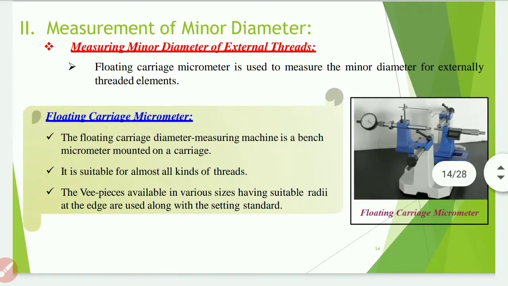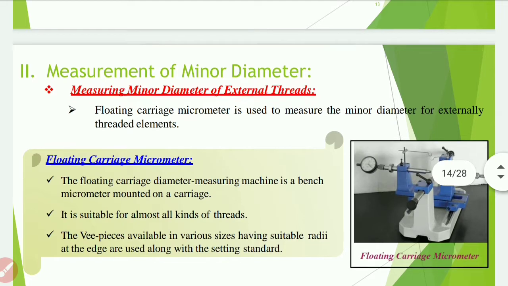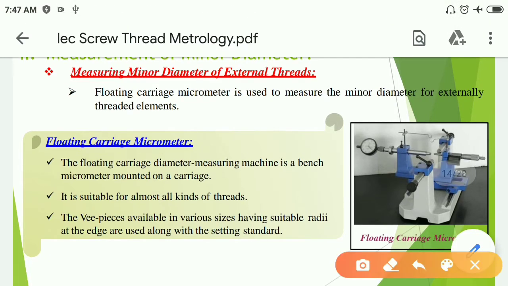Now next is measurement of minor diameter. Measuring minor diameter of an external thread. Here the floating carriage micrometer is used to measure the minor diameter for externally threaded elements.